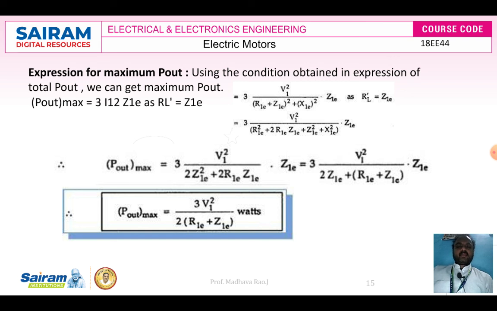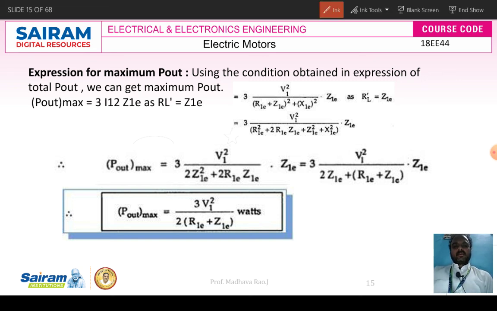And the expression for maximum output: using the condition obtained in the expression of total output, we can get the maximum output. At maximum output, the output is 3 into I1 square Z1e, where RL' is equal to Z1e.